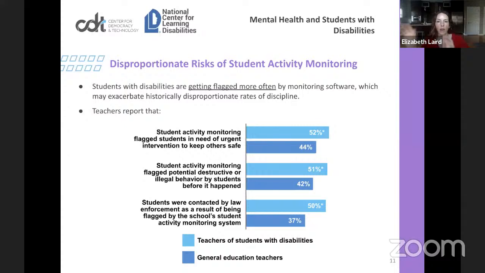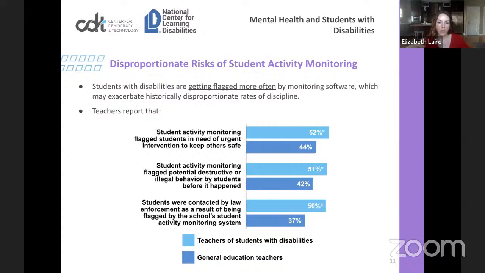And when you combine that with some of our other information about how this is used, in particular for disciplinary purposes, it's more common that when students are flagged they're disciplined than given assistance. And when that is occurring more frequently among students with disabilities, this again has the potential, and likely is, reinforcing what we've already seen about students with disabilities being disciplined at a disproportionate rate compared to their peers.